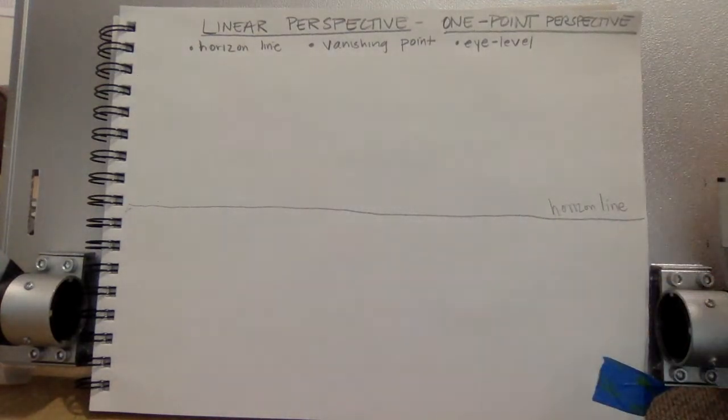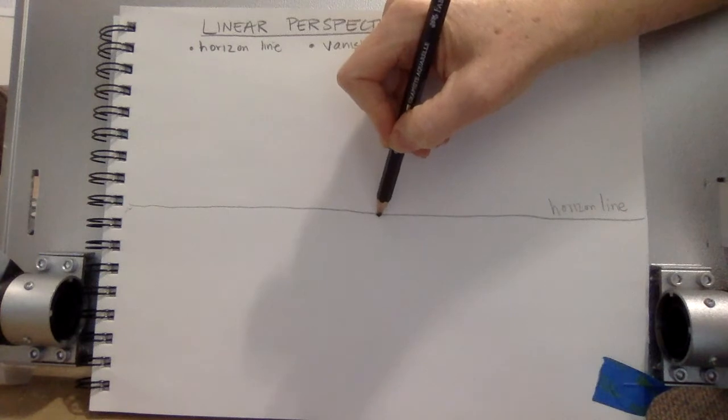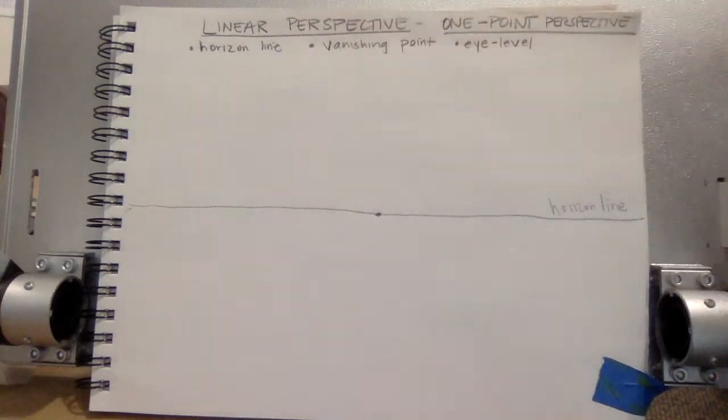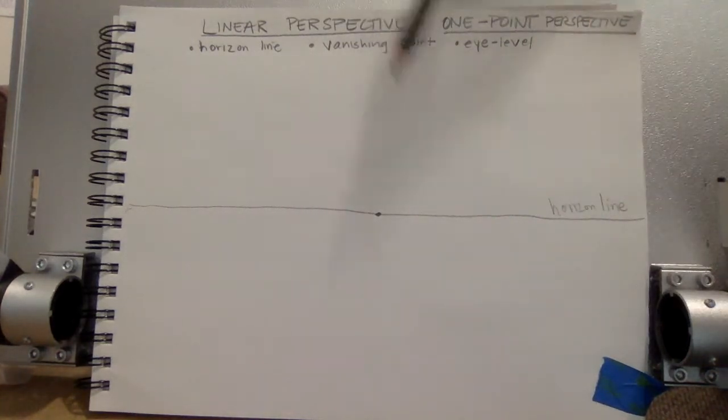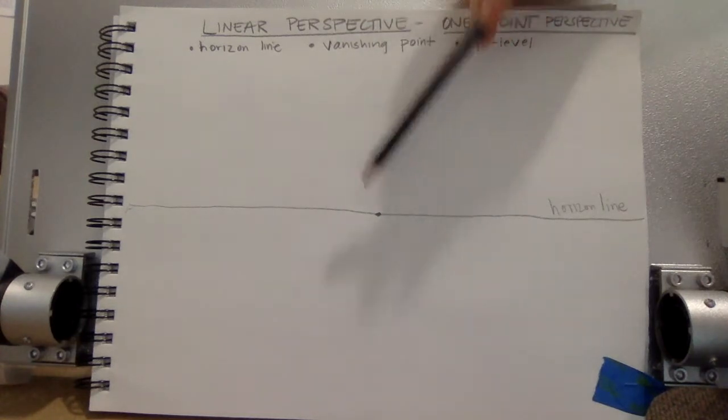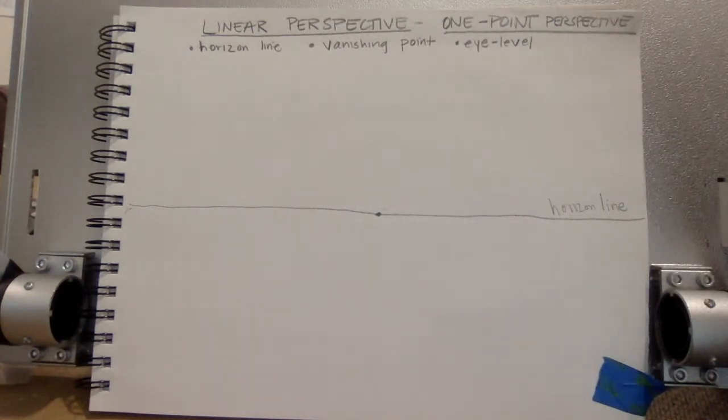All right. And then in the center of that line, I want you to make a dot, make a point. And that is the vanishing point. It's called a vanishing point because, according to linear perspective, all lines that are parallel, such as train tracks, if you look at them going off into the distance, appear to come together at a point on the horizon, right?